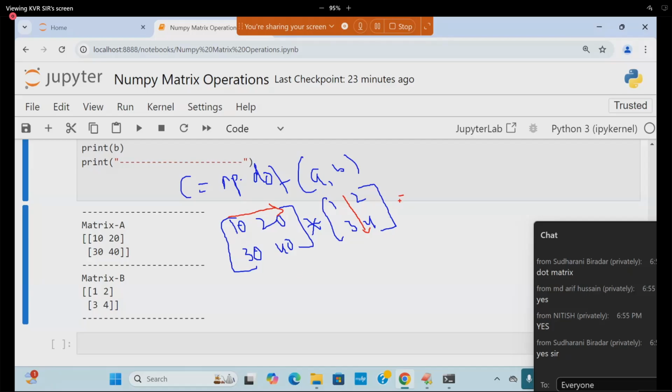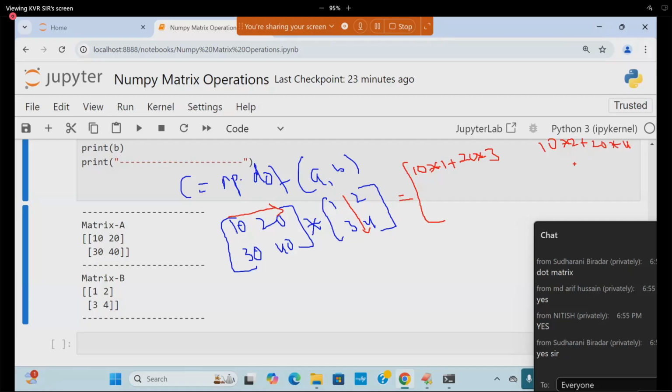Here I am writing carefully. There is no hurry at all. 10 into 1 plus 20 into 3. Okay. Next, 10 into 2 plus 20 into 4.